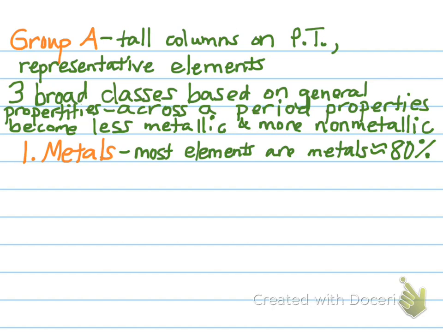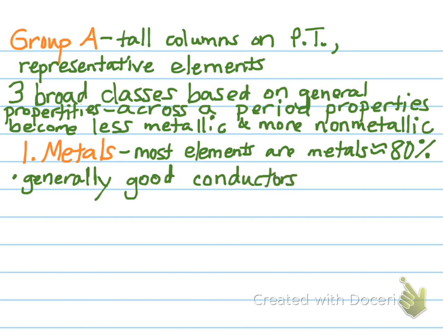Now, at some point in the past, you have probably learned about the properties of metals, and typically the most important property of metals is the fact that they are generally good conductors of heat and electric current.